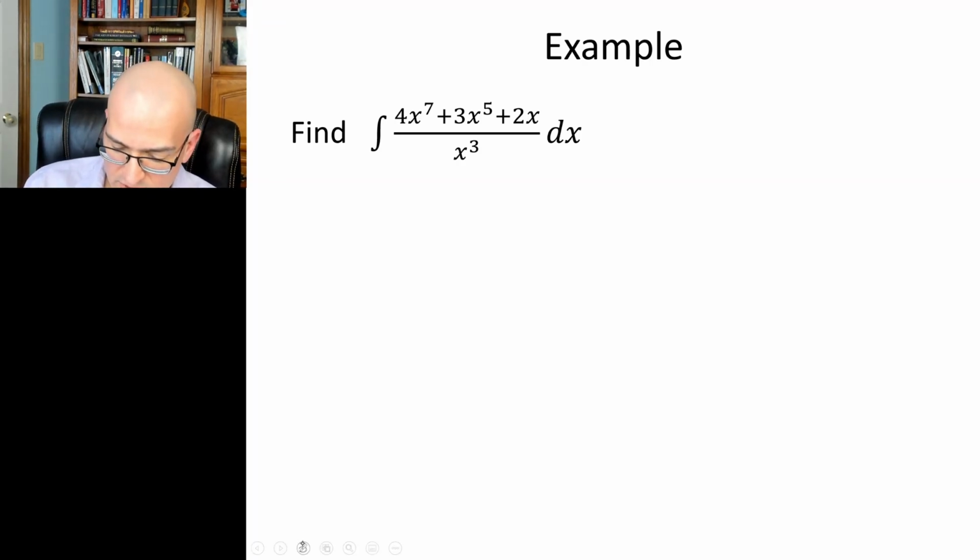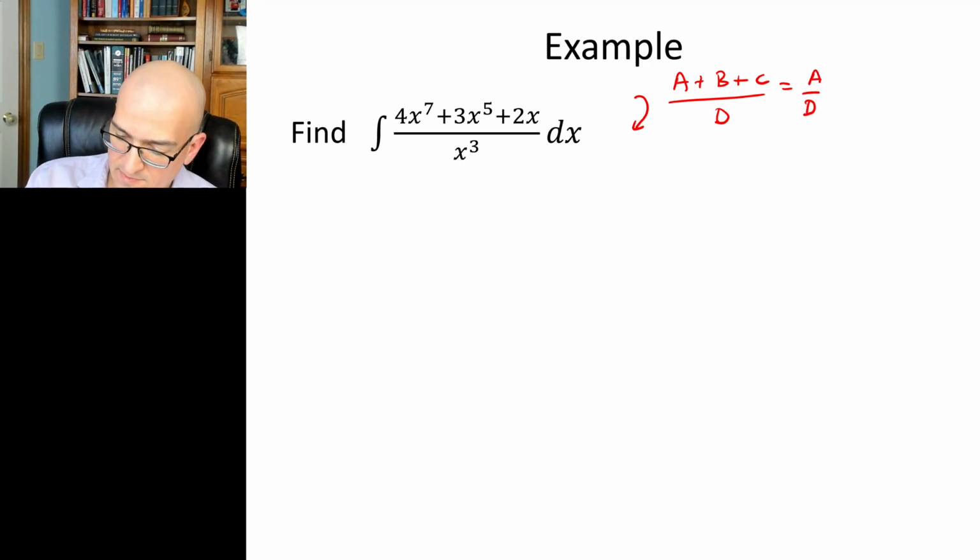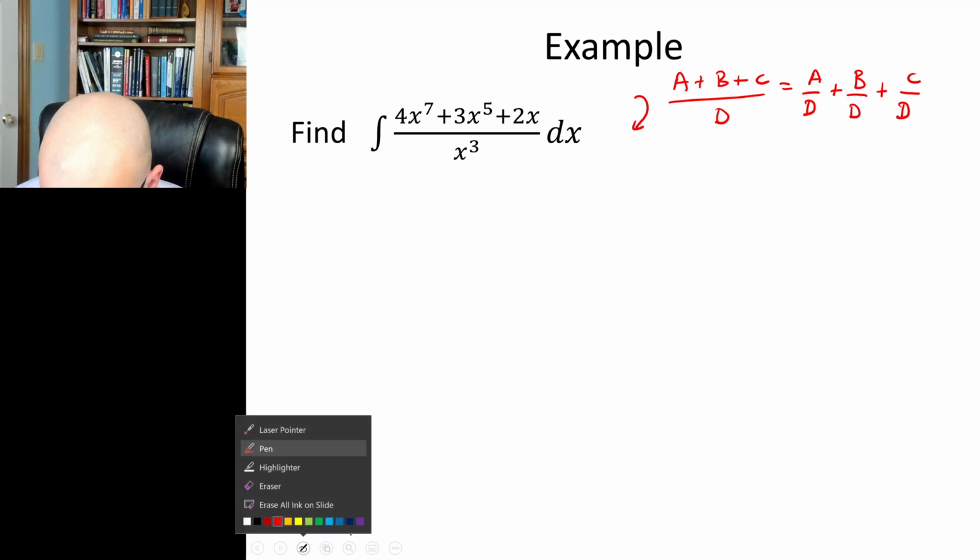And the rule I'm going to use is that a plus b plus c all over d, I can write that as a over d plus b over d plus c over d. Just going to split the fraction up into 3 fractions.